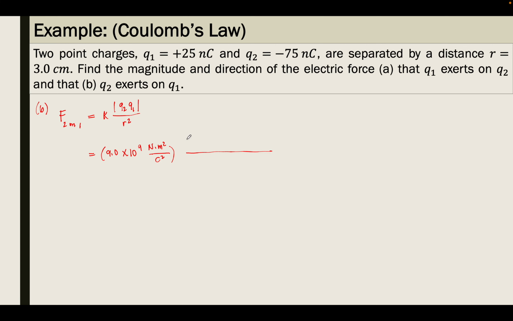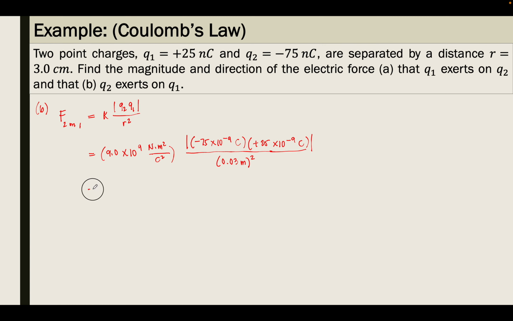Times the absolute value of negative 75 times 10 to the power of negative 9 Coulomb times positive 25 times 10 to the power of negative 9 Coulomb divided by 0.03 meter quantity squared.